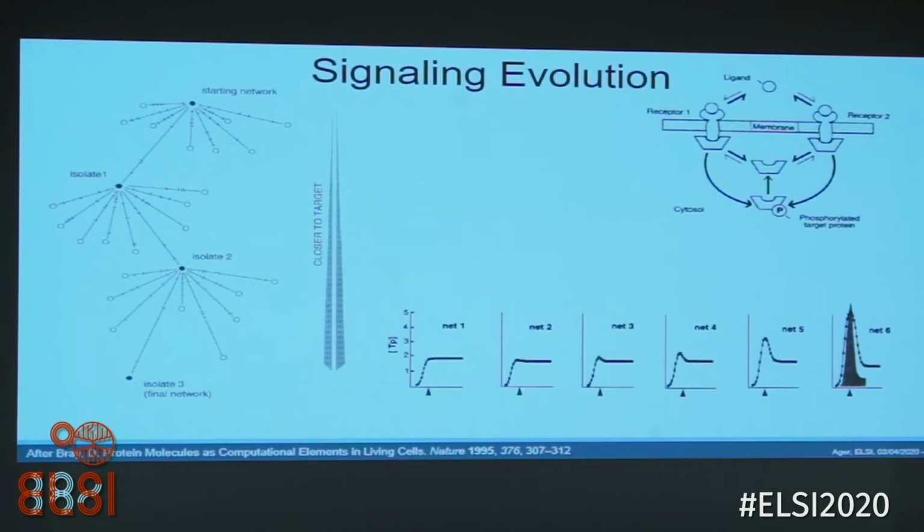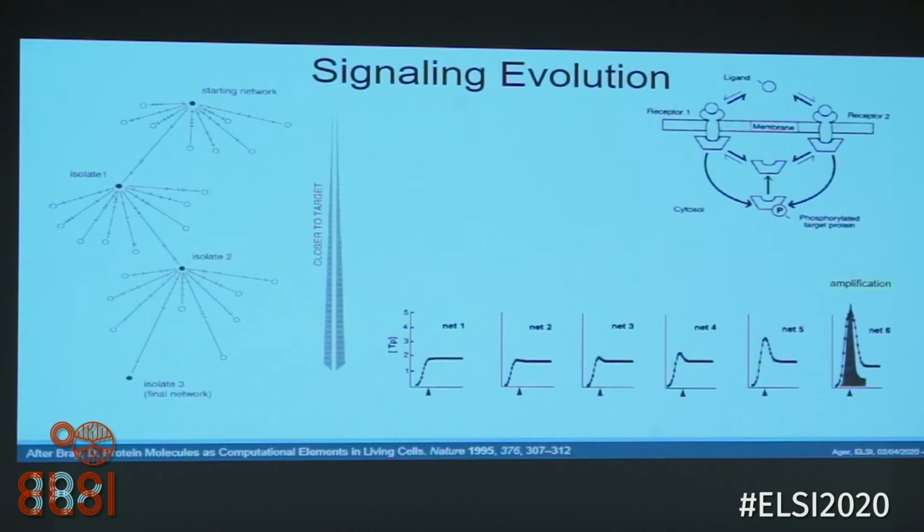Doesn't take that many. In this case, it took about 4 steps. At each point, selecting that series of mutations that led close to the target. And the one I just showed you, the target was amplification, the response shown here. You start with a simple Michaelis-Menten behavior, and you end with amplification.